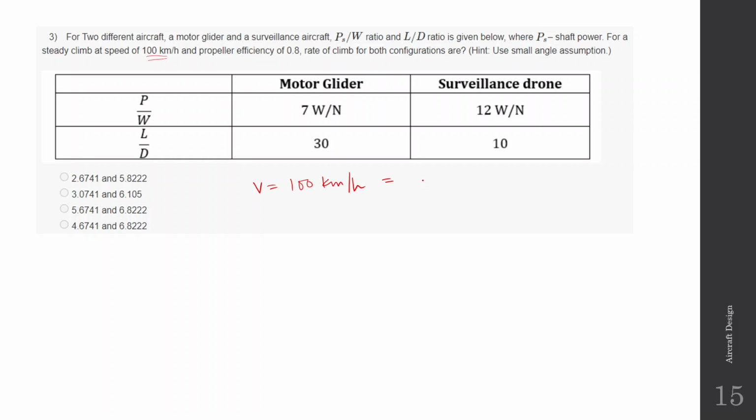We have to multiply by 5 by 18. Then let us find out the available power. So the available power is propeller efficiency times the shaft power.